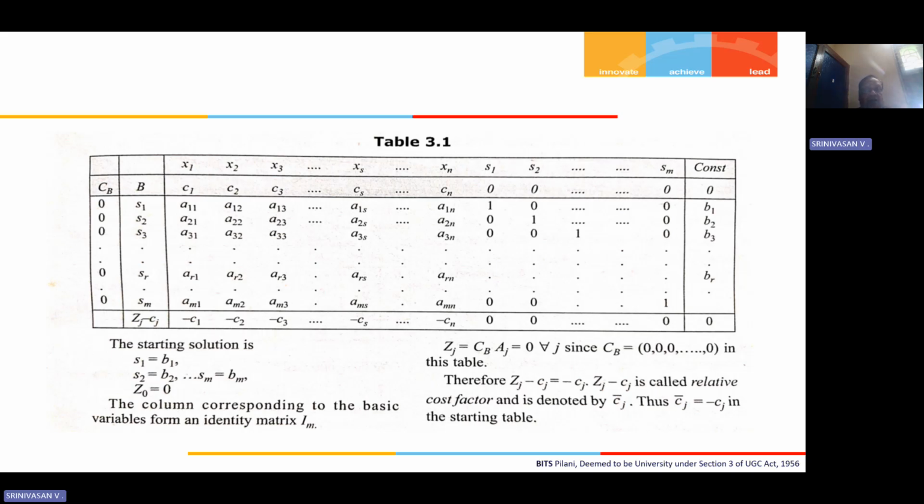In the second column, B stands for the basic vector, that is the vector having components as basic variables, which are nothing but the slack variables. So you write S1, S2, S3, etc., Sr, etc., Sm. Their coefficients are initially 0, 0, 0 in your objective function.